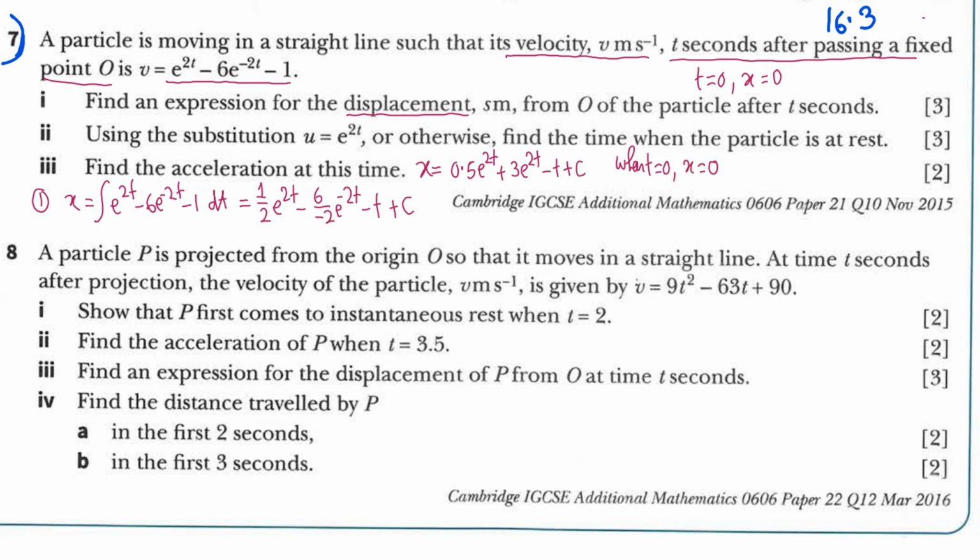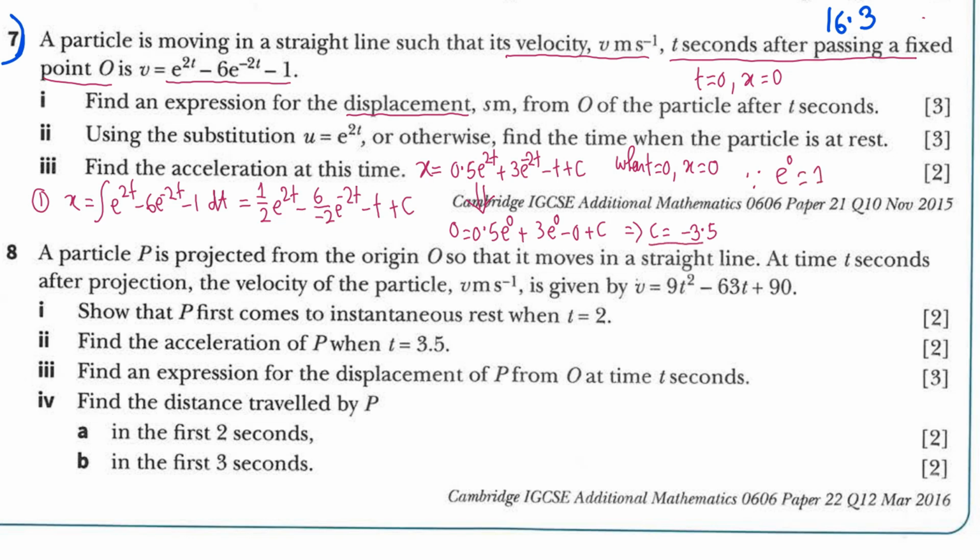From the equation, 0 equals 0.5 e to the power 0, we know it gives us 1, plus 3 e to the power minus 2t, extremely sorry, 3 e to the power 0 again, minus 0, plus c. So from there we can say c equals minus 3.5, since e to the power 0 is 1.